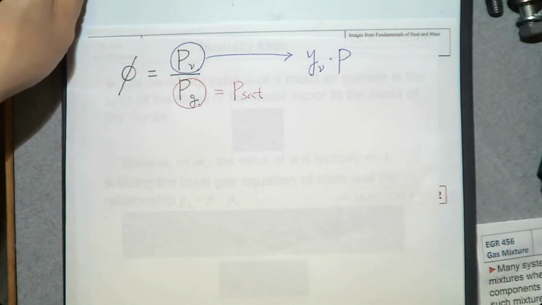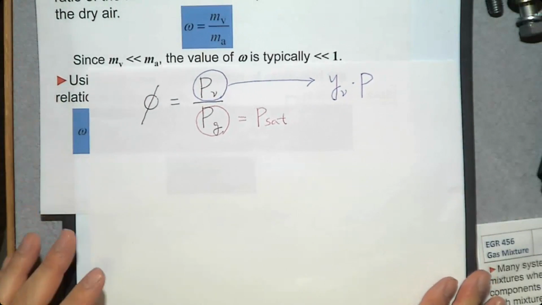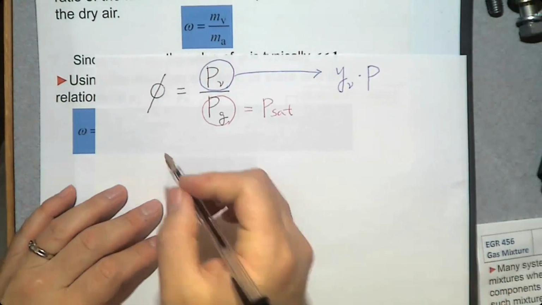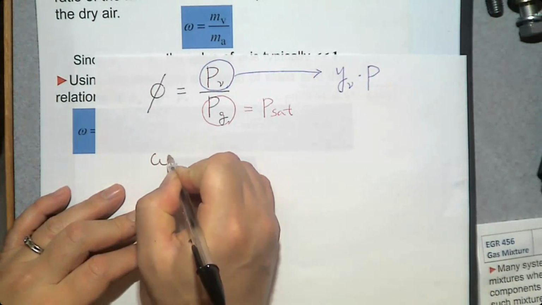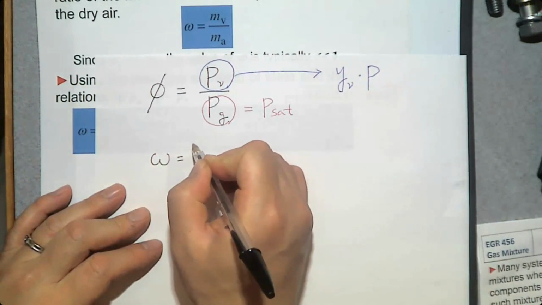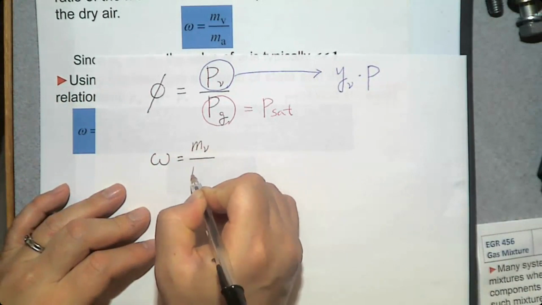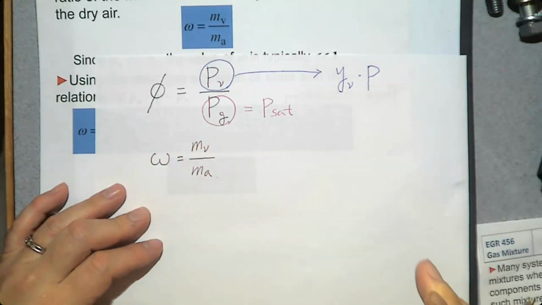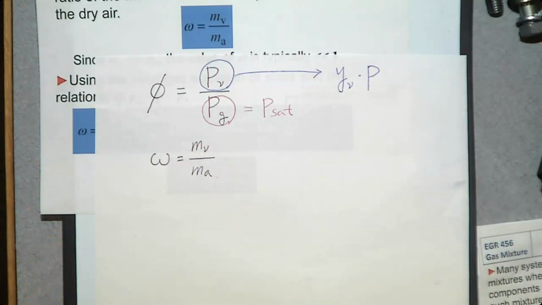Then what about the one that we use in thermodynamics, humidity ratio? This humidity ratio is omega, it's not W. It is the mass of water vapor divided by the mass of dry air. So these V and A are subscripts. Mass of water vapor, mass of dry air. When I say subscript A, that means dry air.